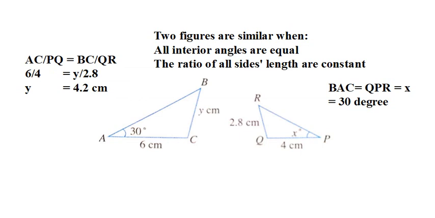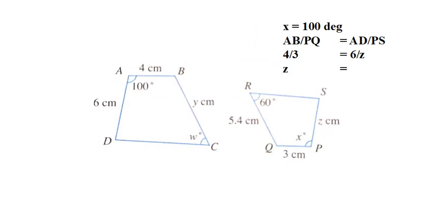Okay, so we are going to move on to the next figure, which are quadrilaterals. Here again, the first thing that I will do is observe which part I'm going to focus on more. And also on this page, it is given that these two quadrilaterals are similar.